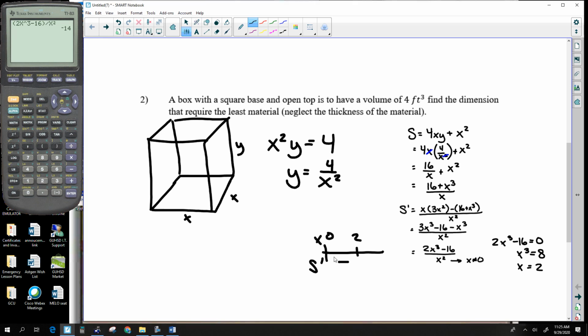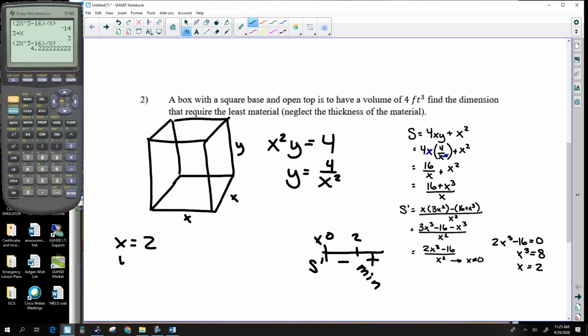That's negative. Go with a number bigger than 2, like the number 3. That's positive. That's implying that this is a minimum, and that is what we want. We want the minimum, the least amount of material needed. The material needed is this area, the surface area. So the least amount of material needed is occurring when x is equal to 2.